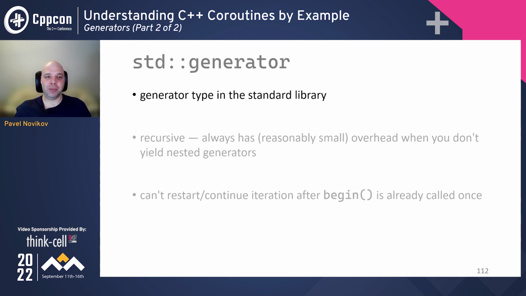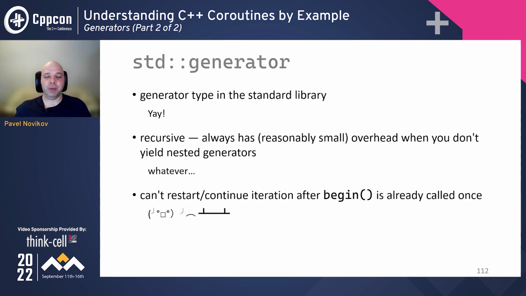So to summarize this, we will probably get a standard generator type in C++23, which is kind of yay. The standard generator is recursive. It will have some reasonably small overhead to track nestedness. It's kind of whatever.